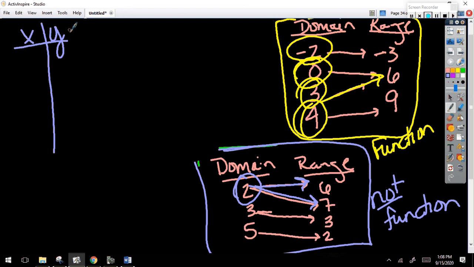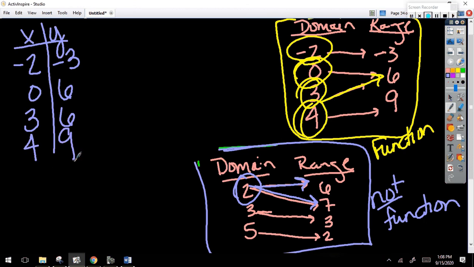All right, so here I got -2 and -3, 0 and 6, 3 and 6, 4 and 9. Do you agree that that's the same one as the one on the right? The one circled in yellow and the purple one I just drew are the same. Okay? All right, I'm going to erase that one.